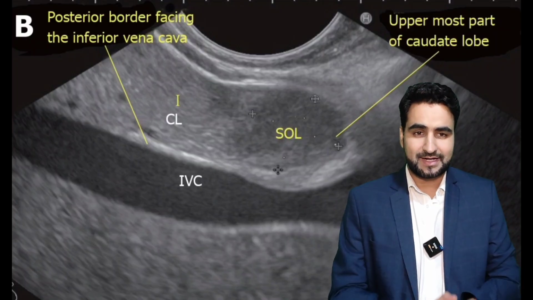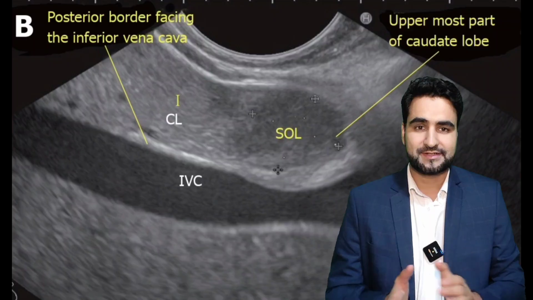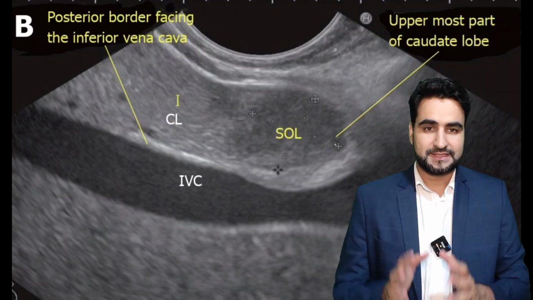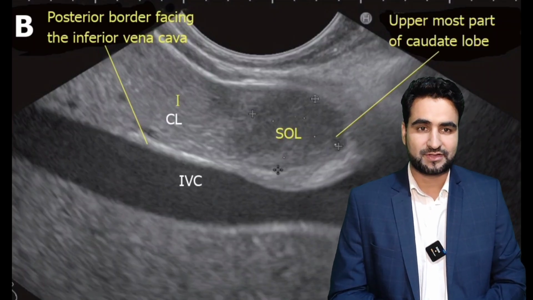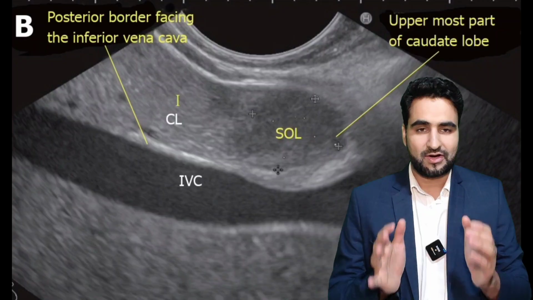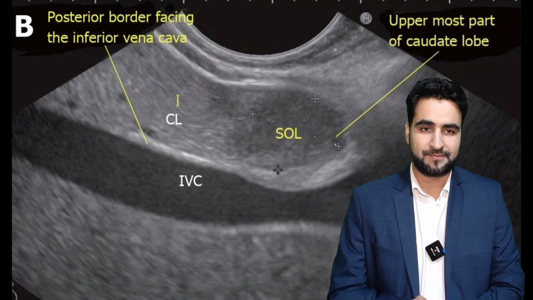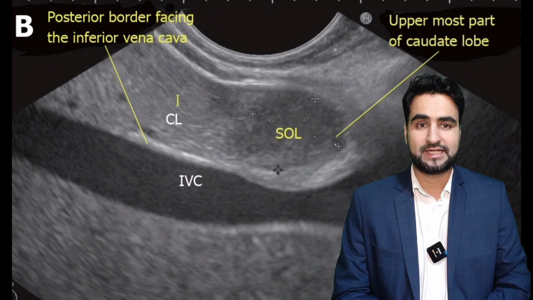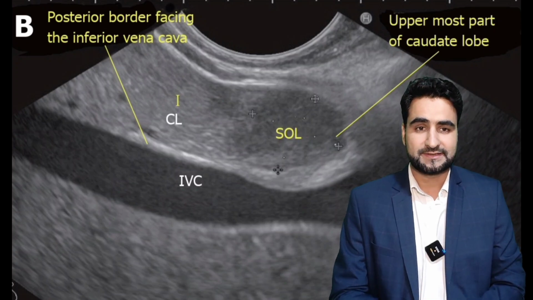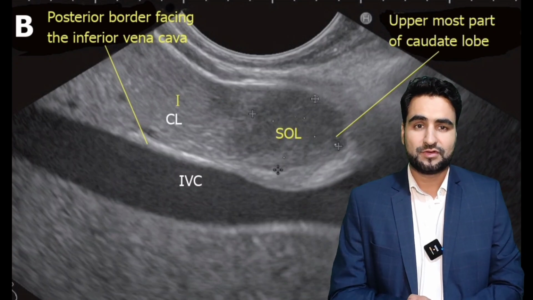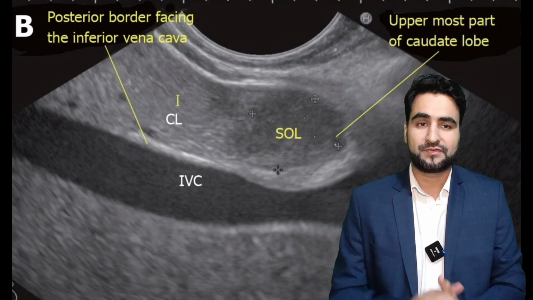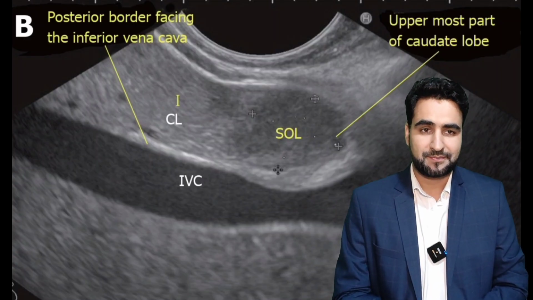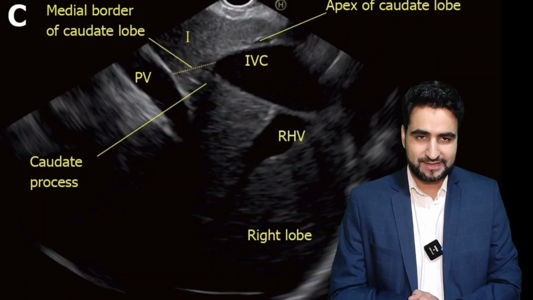The anterior margin is demarcated by the fissure of the ligamentum venosum. This is a classic appearance for caudate lobe metastasis or hepatocellular carcinoma. Because of its proximity to the inferior vena cava and hepatic veins, lesions here require careful preoperative mapping and often specialized interventional approaches. Moving on to the next image.